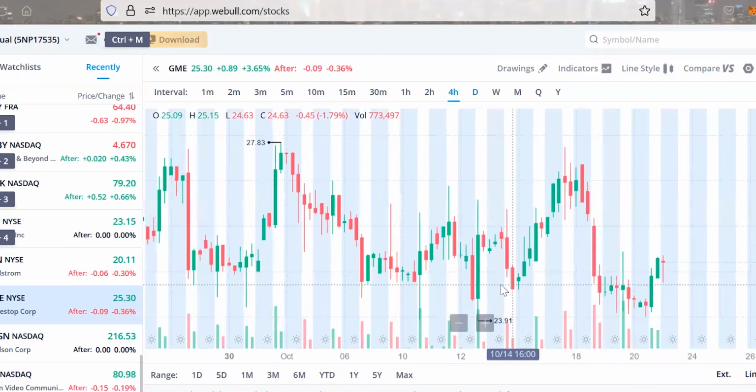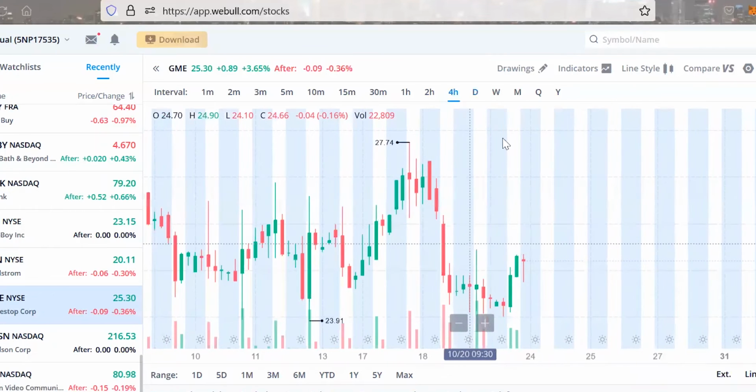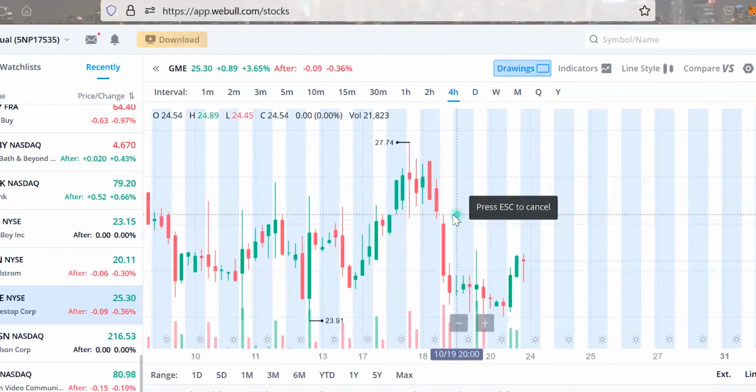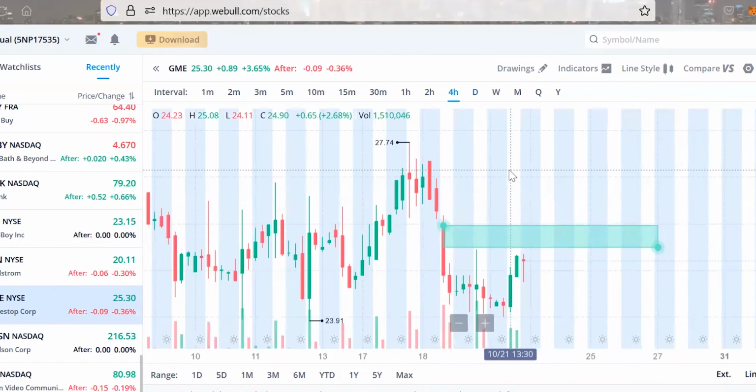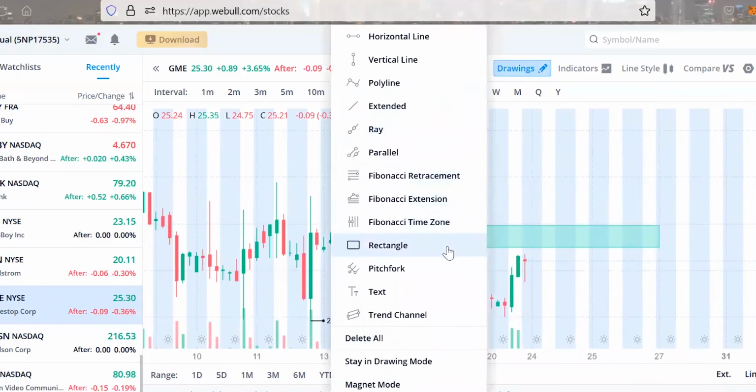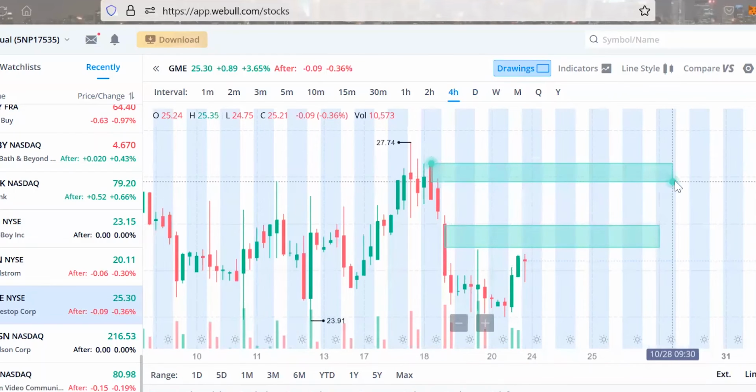Oh, that's crazy. We have some here. These are now in lower time frames. These are orders that the composite man left behind, right? You see this, their footprint.